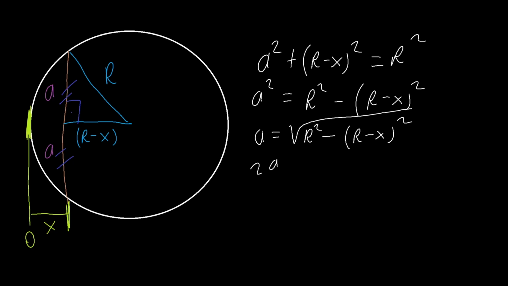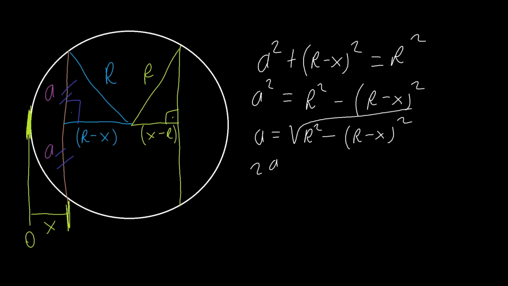Now we might ask, what if this rectangle is on the right side of this radius? Because when it is on the left side, we have said that this length is r minus x. But if we are on the right side, then we use the Pythagorean theorem again. This will be r, then this specific length will be x minus r.